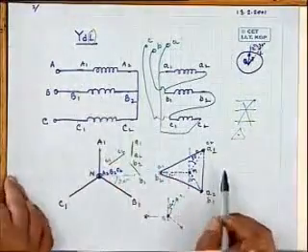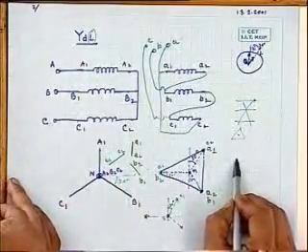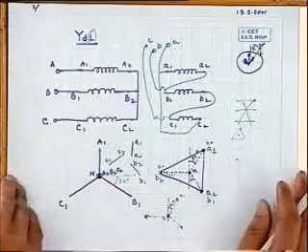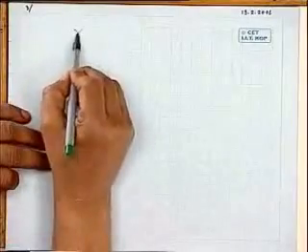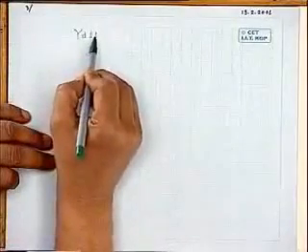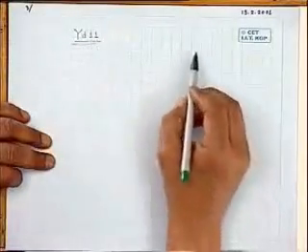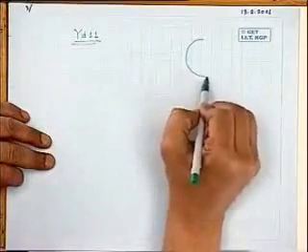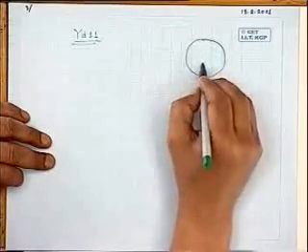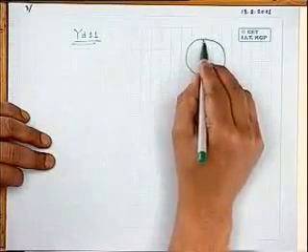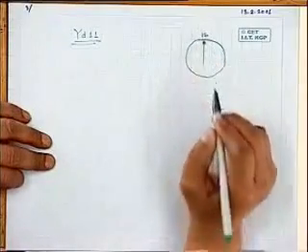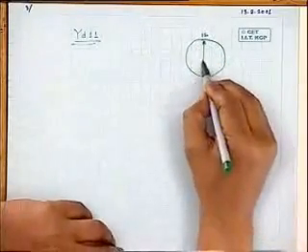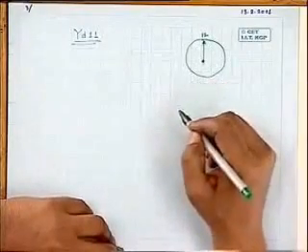Suppose I wanted to do a YD11 connection. I will go slowly, but you just try to do it. Suppose I want to do a YD11 connection. So it means that in this clock convention, suppose I first draw the primary A phase voltage. This is the primary A phase voltage occupying the 12th position with respect to neutral.